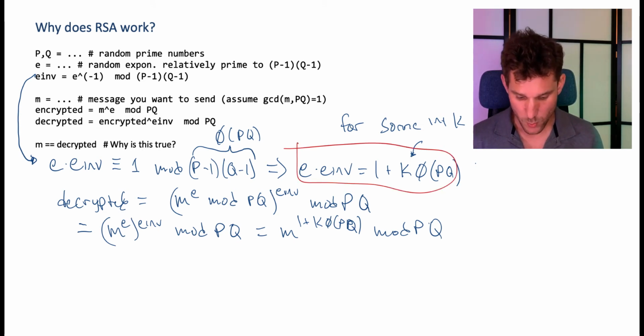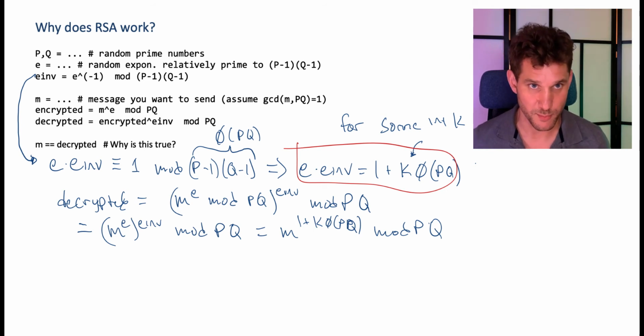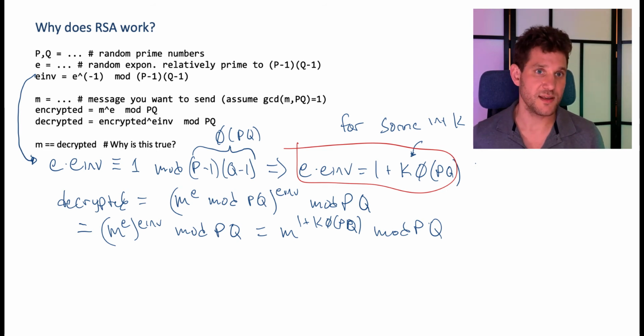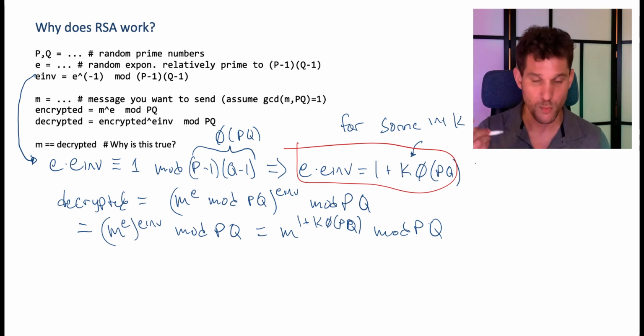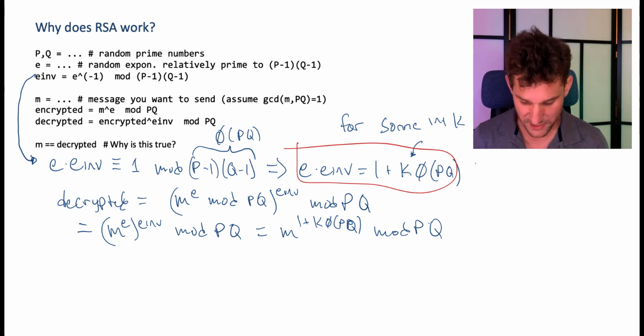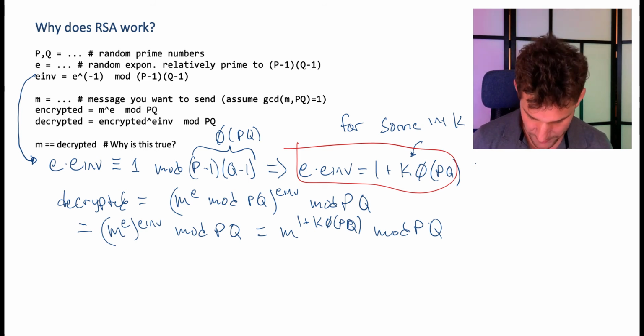Okay, now one thing we can make an assumption about is that the message m is relatively prime to p times q. It's hard to guarantee that, but it's easy to check on the sender side that that's going to be true, and can just make some modification if it's not relatively prime to pq. But almost all messages will be relatively prime to pq, so don't worry about that assumption. That's this assumption right here.